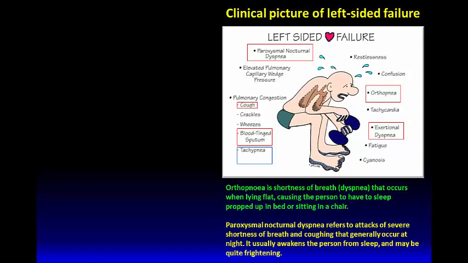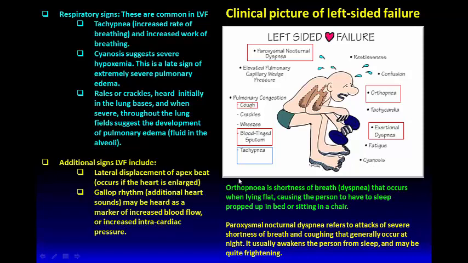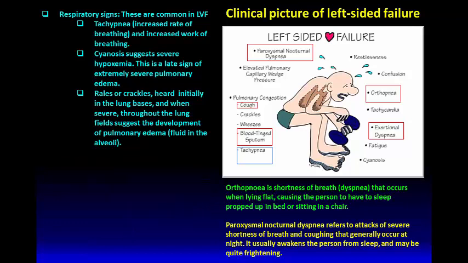Tachypnea is an important sign of left-sided failure. Tachypnea means an increase in the rate of breathing, and patients with left-sided failure also have increased work of breathing. Another important sign of left-sided failure is cyanosis, which is bluish discoloration of the skin and the mucous membrane, suggesting severe pulmonary edema.